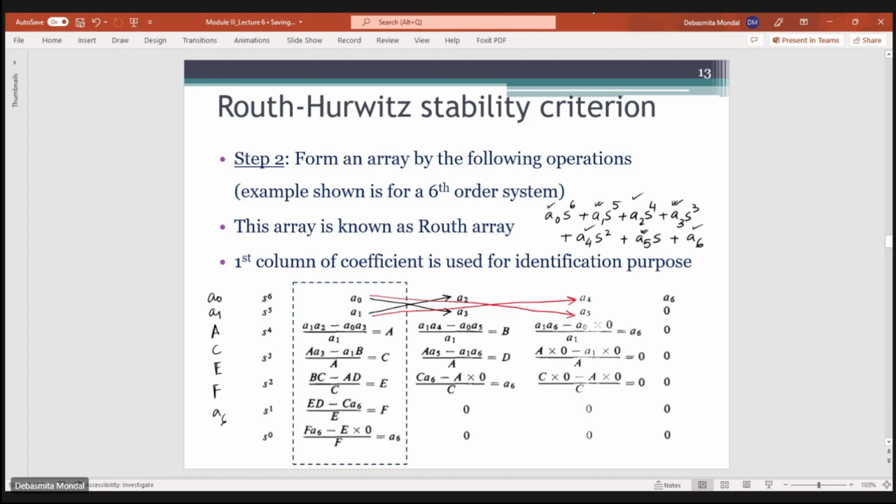But if they have different signs, let's say all of them are positive except for, let's say, A. So A is a negative term and then again E is also a negative value.